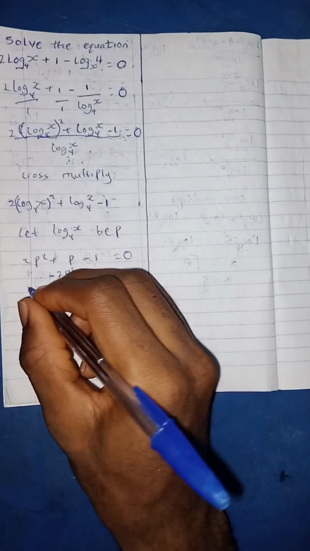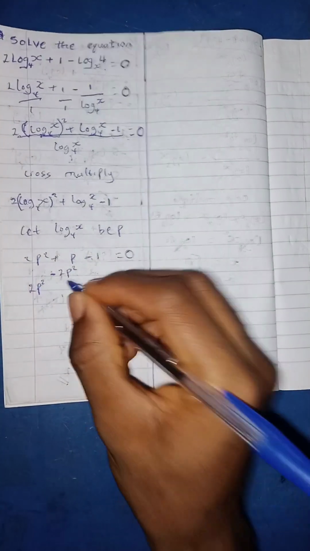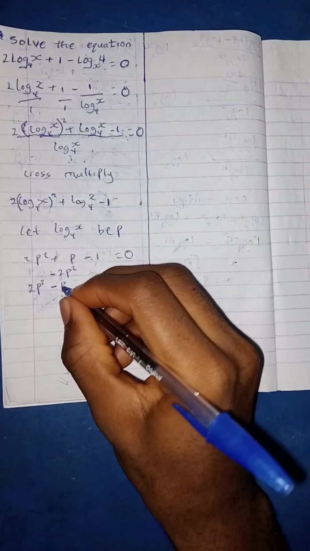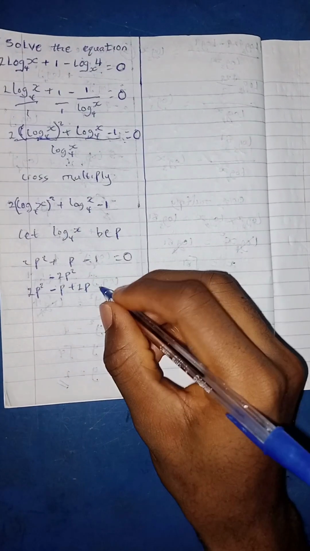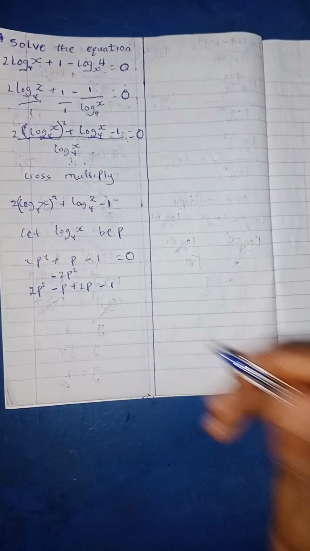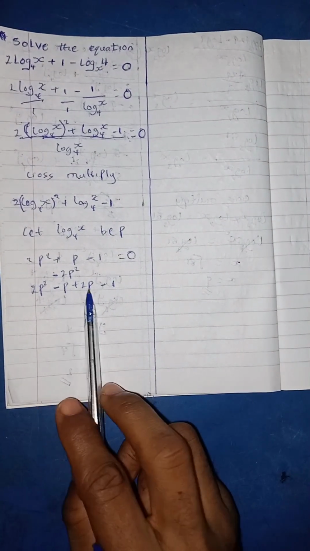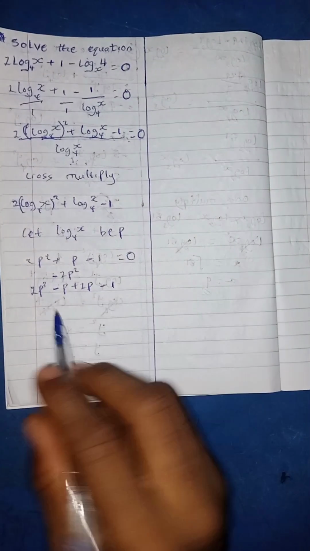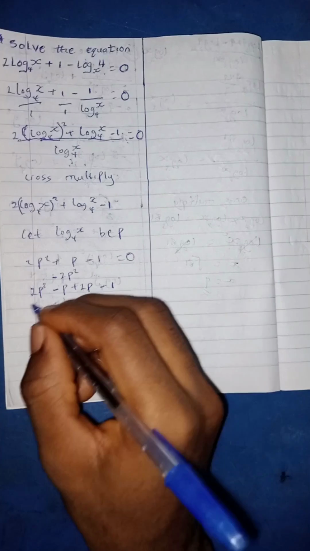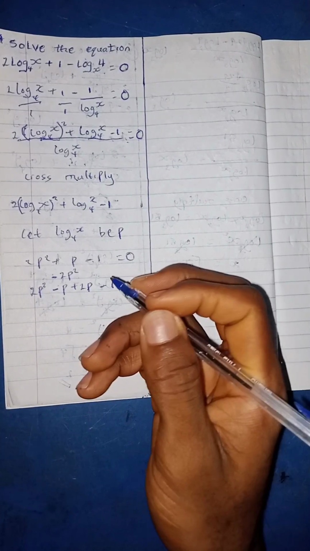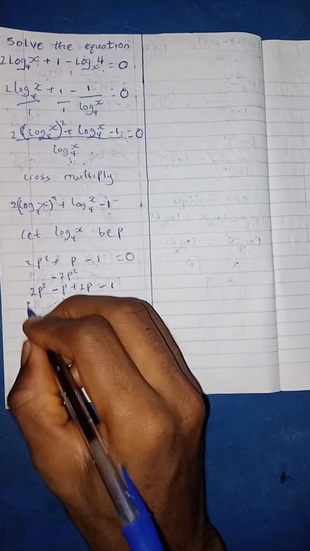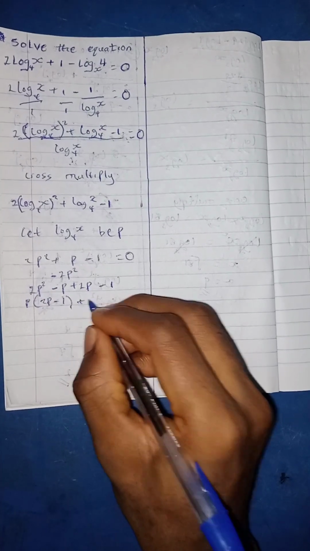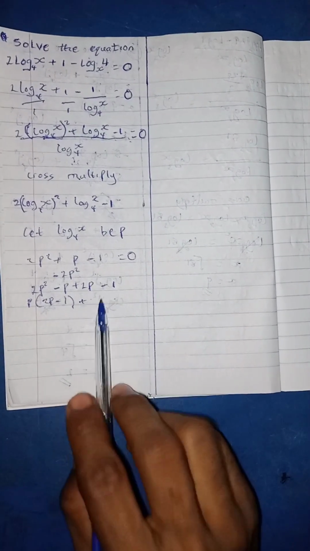So over here we're having 2p squared minus p plus 2p minus 1. You can see minus p times 2p is minus 2p squared. Now we factorize: p is common, so factorizing p out we have p bracket 2p minus 1, plus 1 bracket 2p minus 1, since you want what's in the two brackets to be the same.